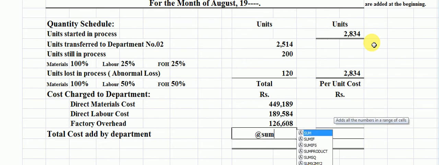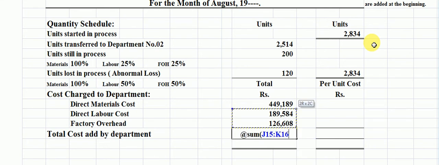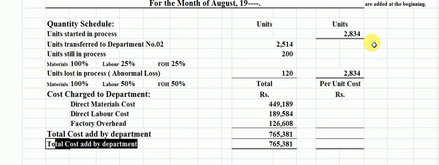The sum is 7,65,381 rupees as the manufacturing cost in department 1. Dear students, we have here the total cost to be accounted for.